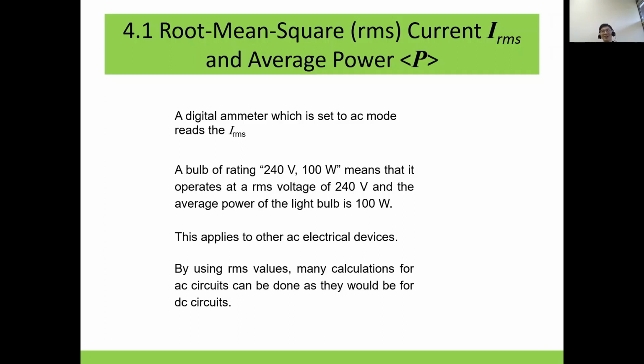So the idea here is to just introduce something of the same units as a DC current, and we call it RMS values. Therefore, we can use the equations that we have learned in DC circuits and current of electricity, and apply them in our AC circuits too, which makes our life a lot easier.